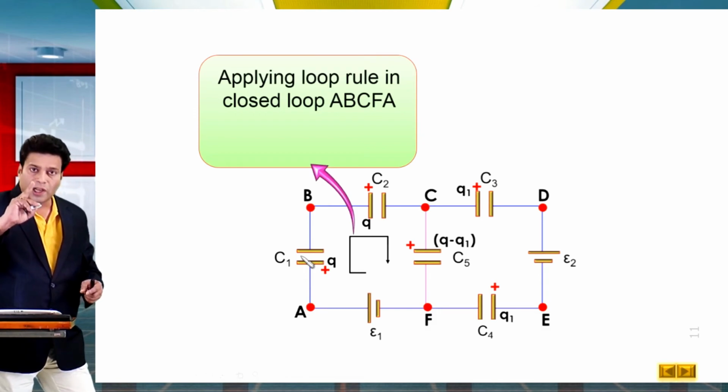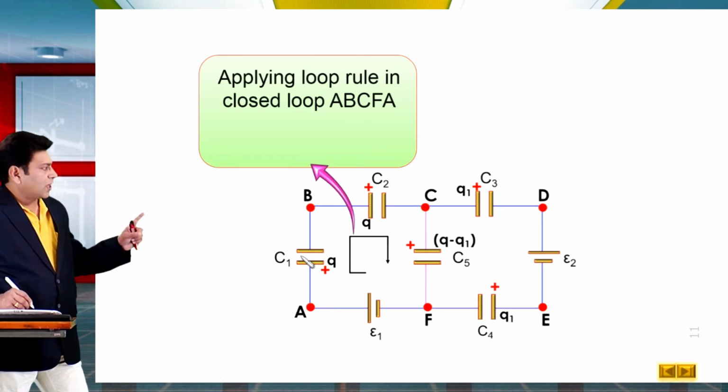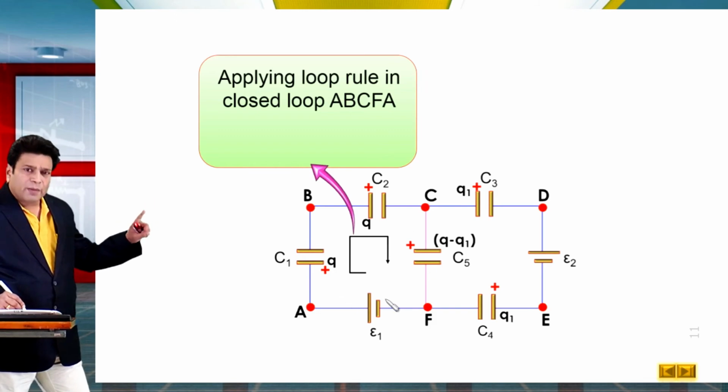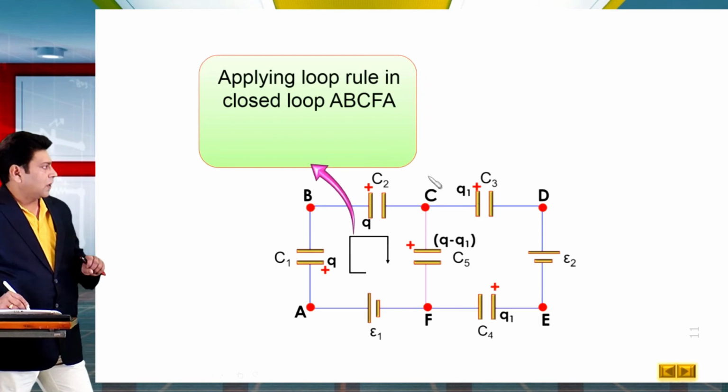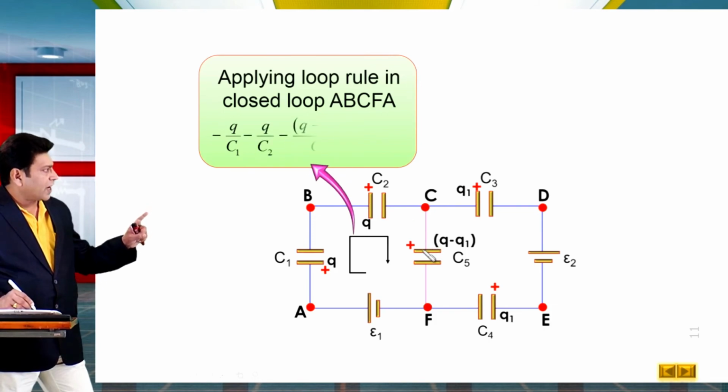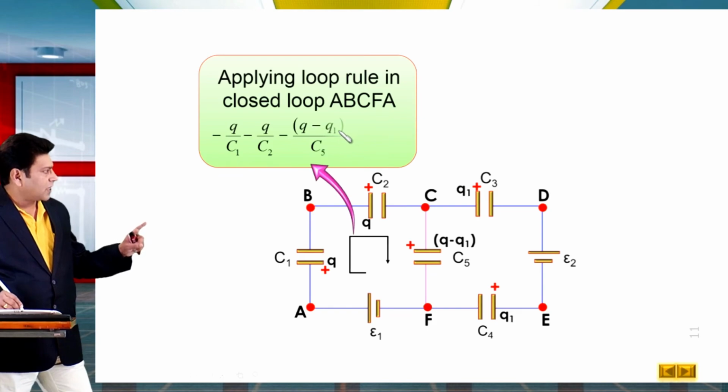That means voltage drop. What voltage drop here? Q divided by C1, and it should be with the negative sign. Now, let us move in this capacitor positive to negative. Similar way, we can write here Q divided by C2. Similar, positive to negative, we can write Q minus Q1 divided by C5.